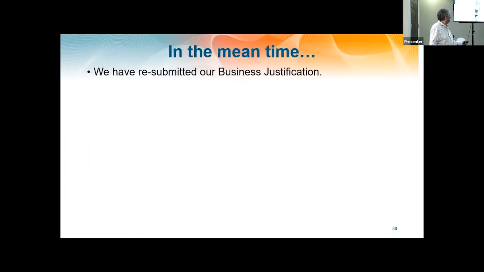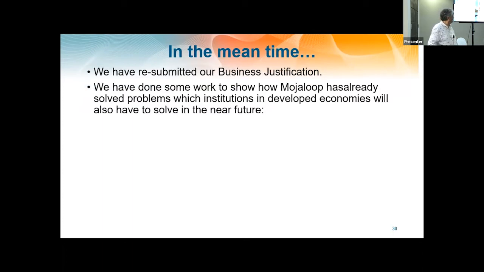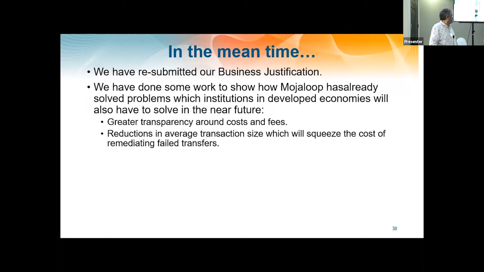Next steps then. So we've resubmitted our revised business justification, which is even shinier than it was before. We've done some work which is intended to show how Mojaloop is already solving problems which we think developed economies will also need to solve in the near future. So greater transparency around costs and fees, which we already have, but typically the ISO messages don't. Reductions in average transaction size, and that's important because it will squeeze the cost of remediating failed transfers.